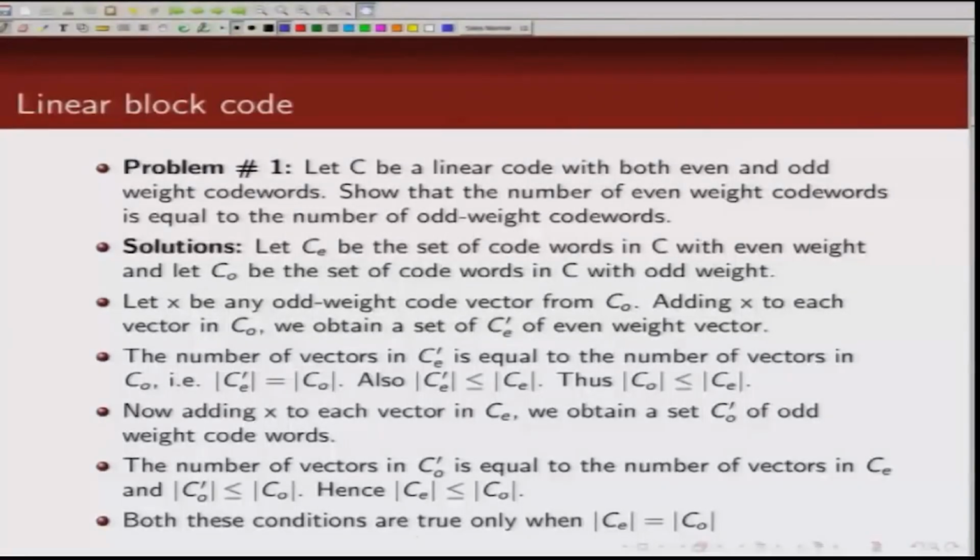So I repeat, these two conditions are simultaneously satisfied only when the number of even code words is the same as the number of odd code words, and this proves our result.